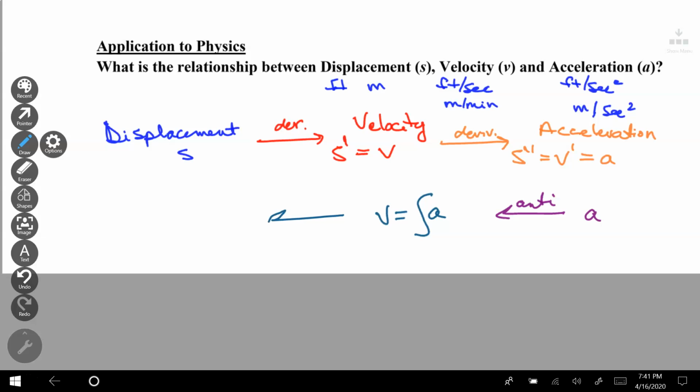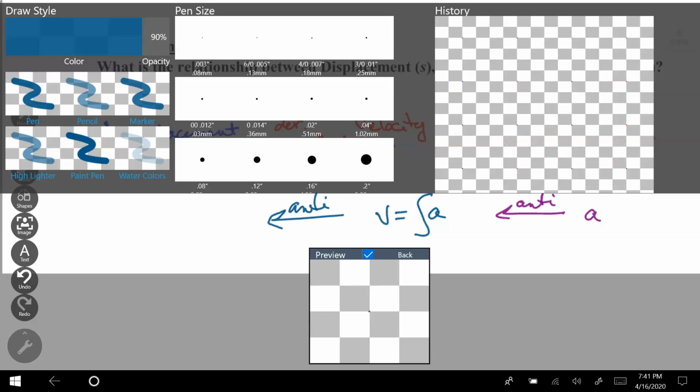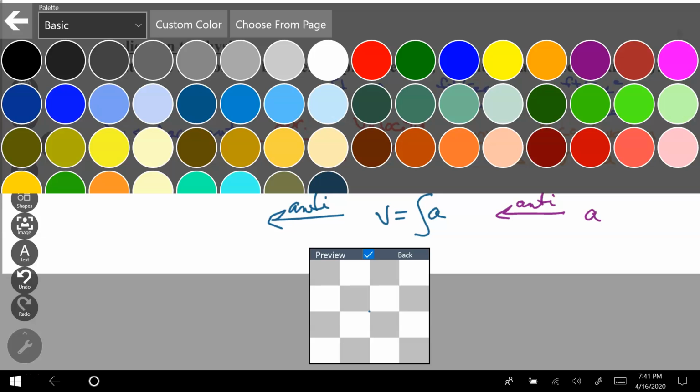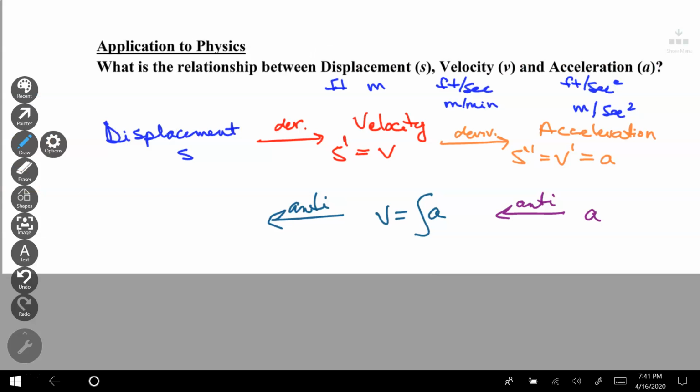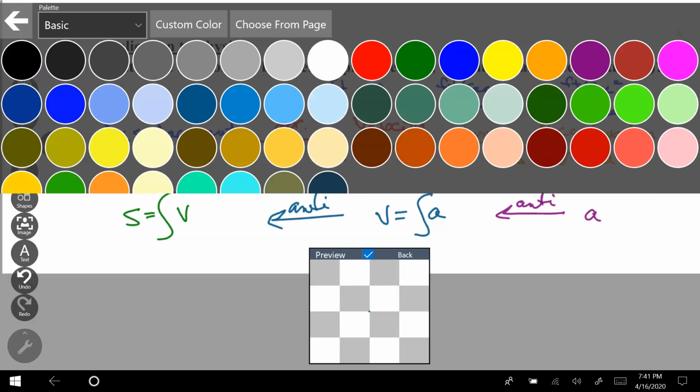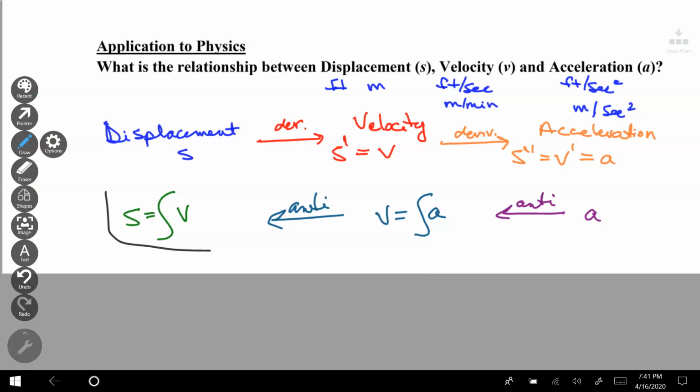And if I take another antiderivative, I learn that my displacement s, or distance, or whatever you want to call displacement, is the antiderivative of velocity. So this is what we're going to work on today. These ideas.